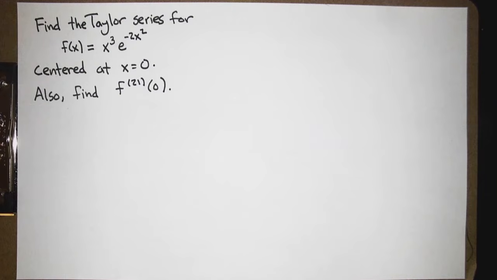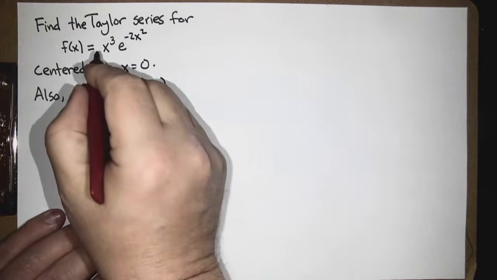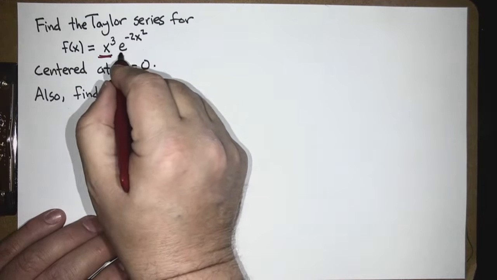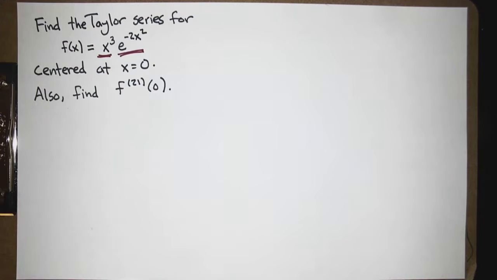Okay, so let's start with the first part, though. We have to find the Taylor series. Now, think of Taylor series as polynomials. As we look at this, we have two pieces: the x cubed, and the e to the minus 2x squared. As of right now, which part are we happy with, if we're thinking of our polynomial mindset?